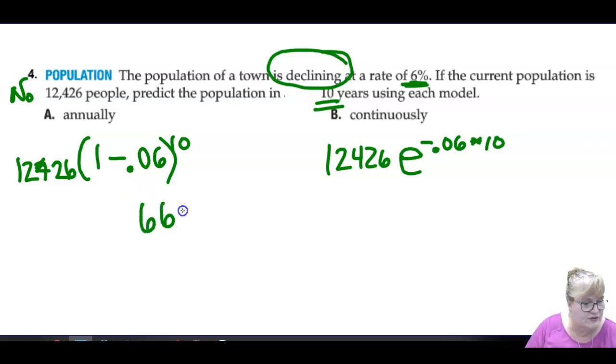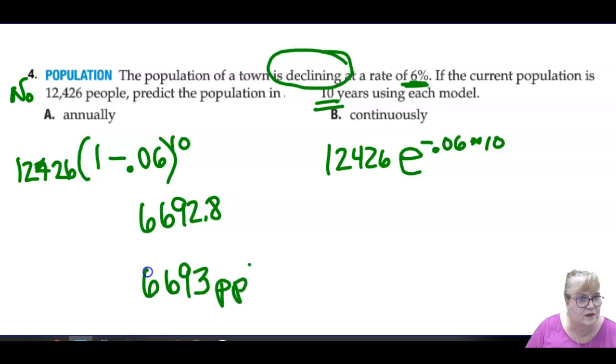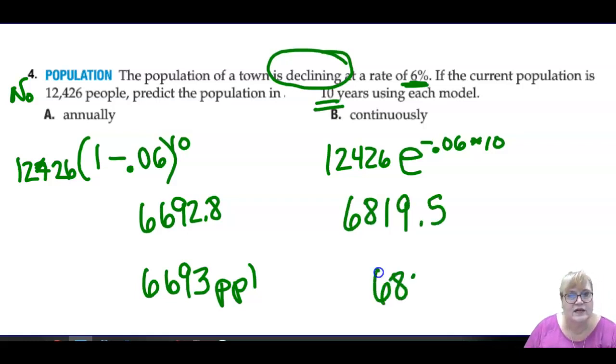So I got that it's down to 6692.8. I'm going to say about 6693 people. And this one, with the E to the negative 0.06 times 10 is 6819.5, or about 6820 people.